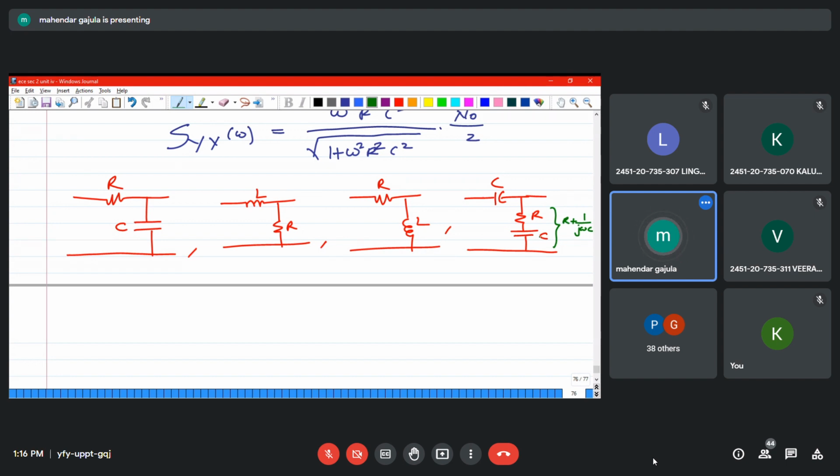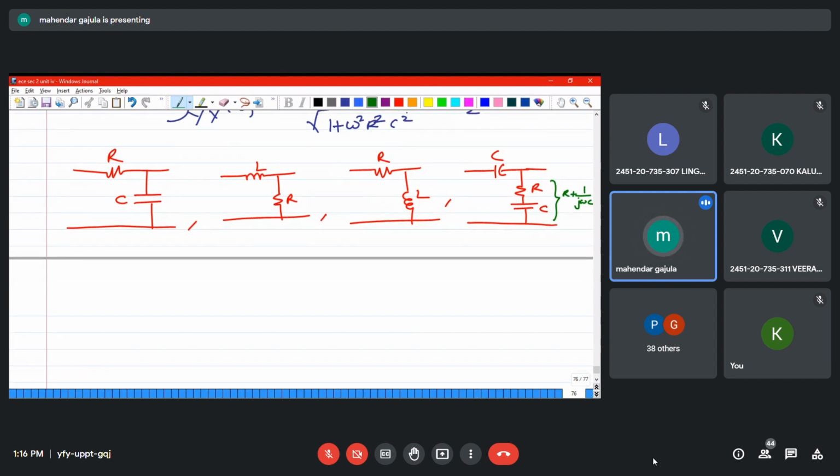This R and C are in series, so you have to add the impedances: R plus 1 by j omega C. Now you apply voltage division rule. R plus 1 by j omega C by 1 by j omega C plus R plus 1 by j omega C. That's it. Okay, let me give you one more problem.